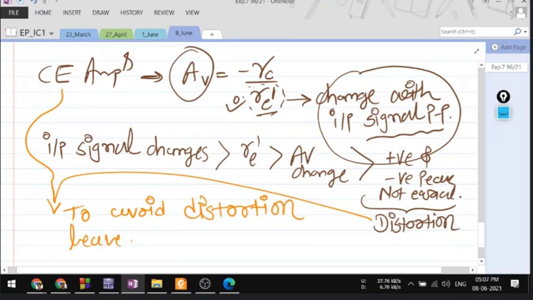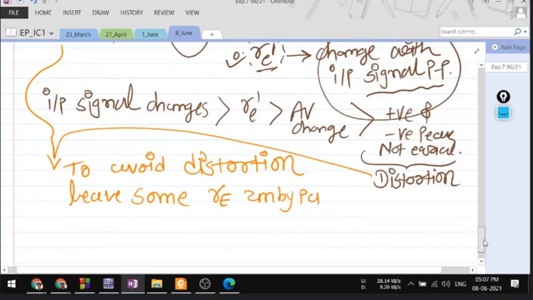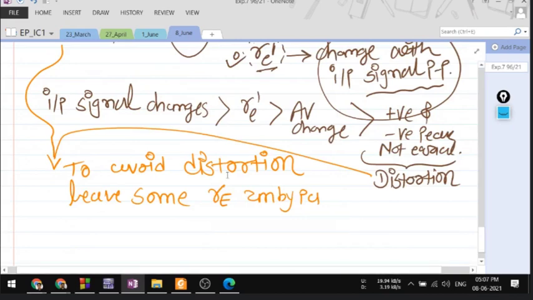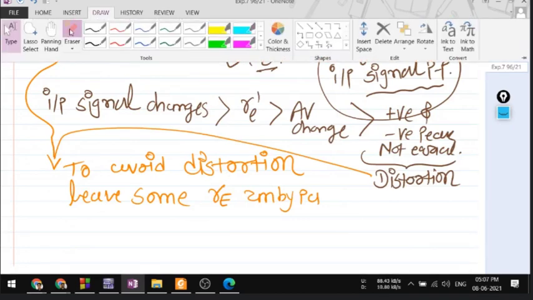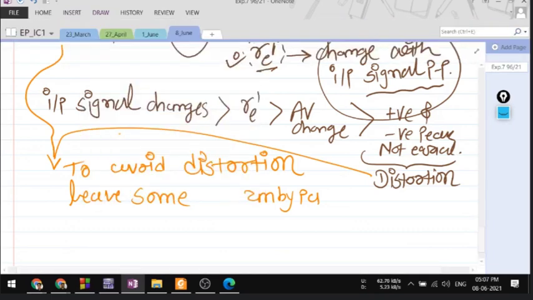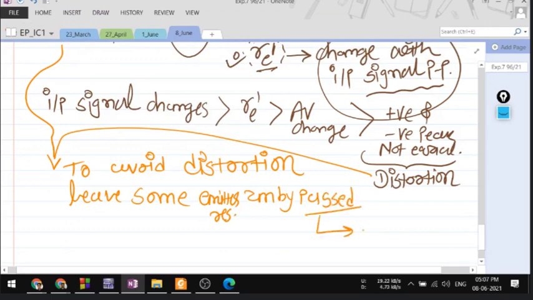leave some emitter resistance RE unbypassed, and call it as small r, capital E. That's it.